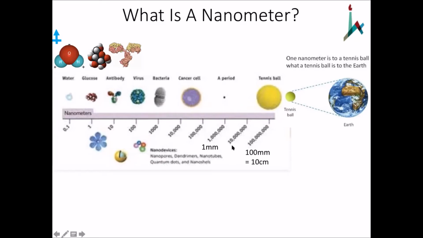And a tennis ball is about 100 million nanometers, okay? So really a nanometer is to a tennis ball like a tennis ball is to the earth, okay? It's a huge range of dimensionality.